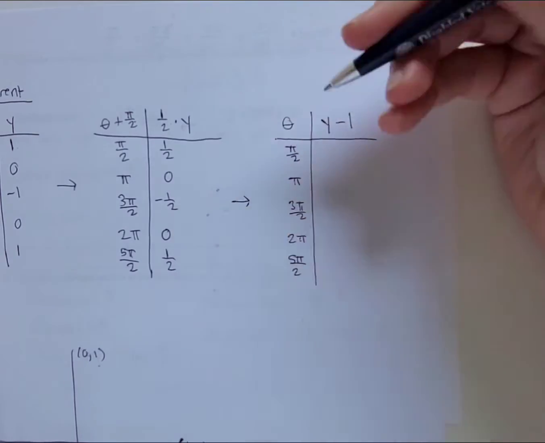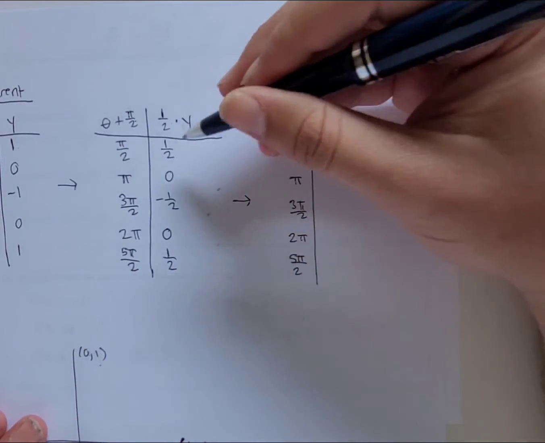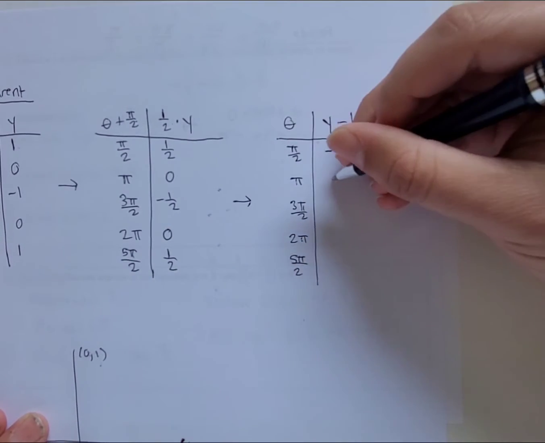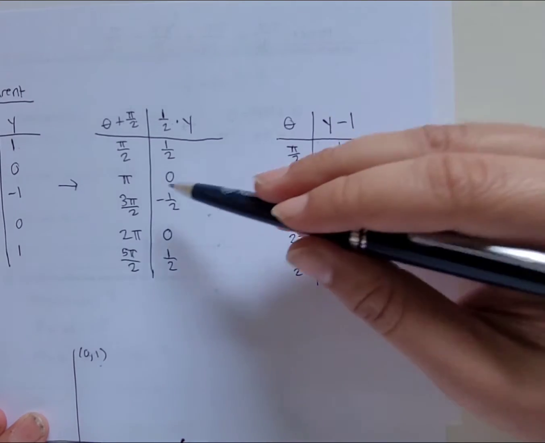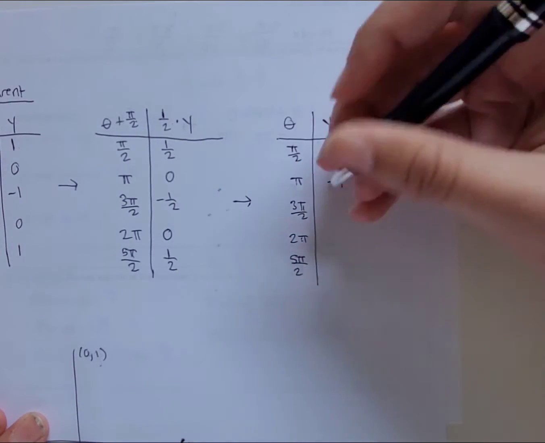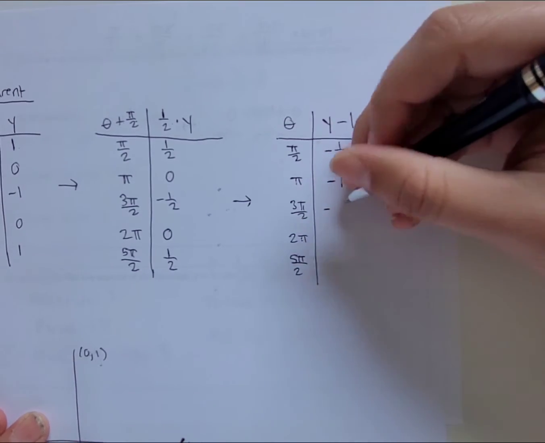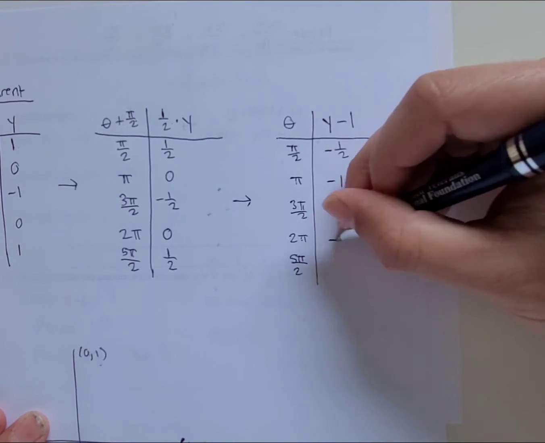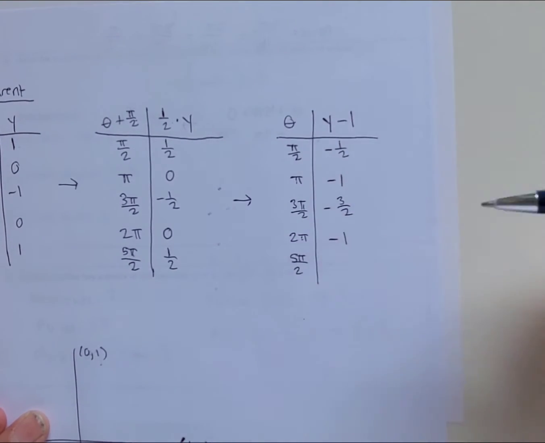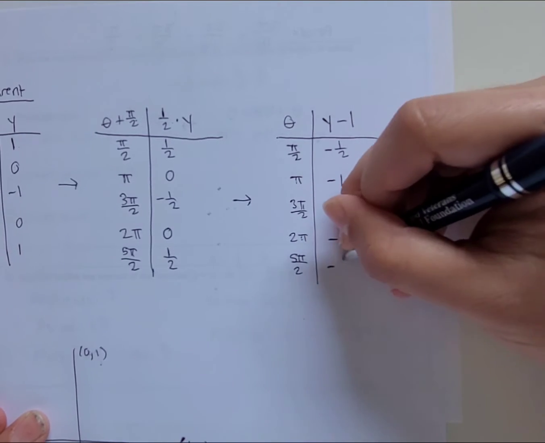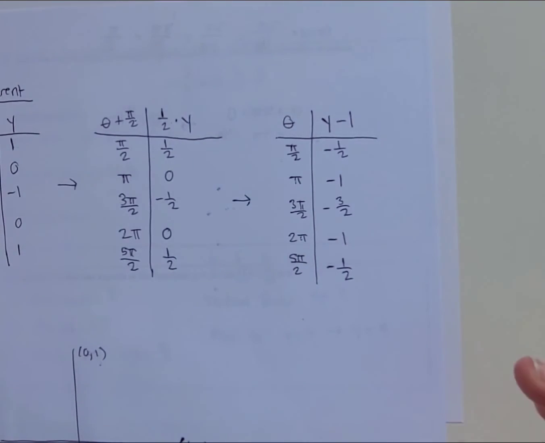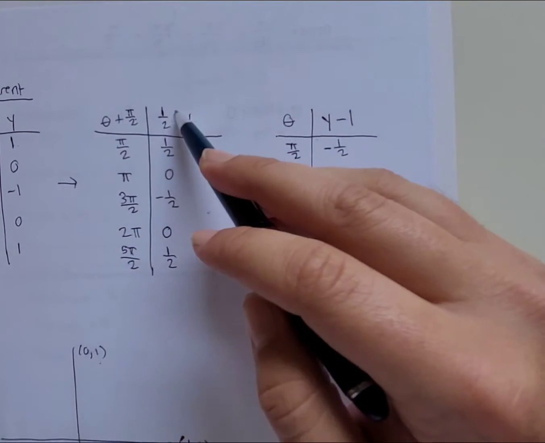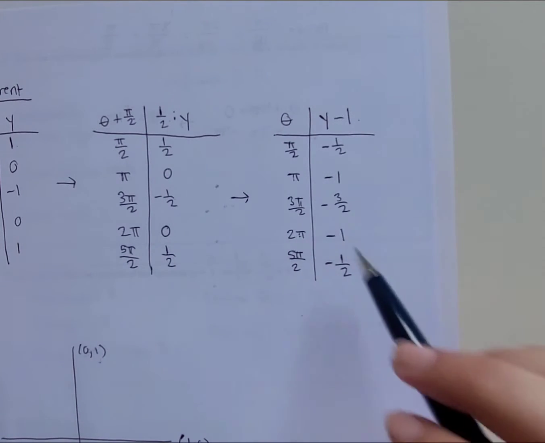So y minus 1: 1/2 minus 1 is going to give me -1/2. 0 minus 1 is going to give me -1. -1/2 minus 1 is going to give me -1.5, which is the same as -3 over 2. 0 minus 1 just gives me -1. 1/2 minus 1 is going to give me -1/2. And then we know we've applied all 3 of our transformations, so this is going to be our final table of values.